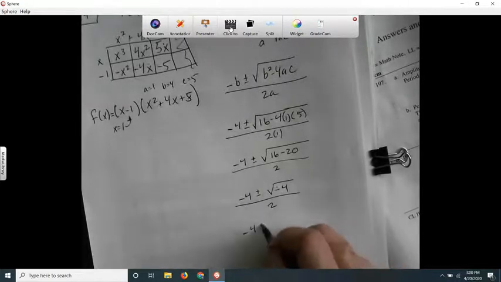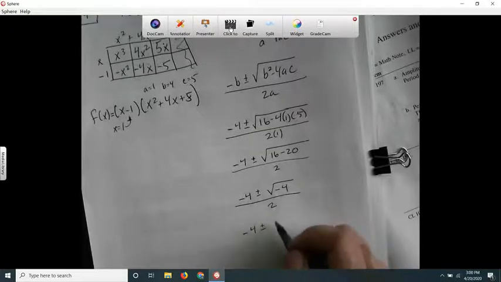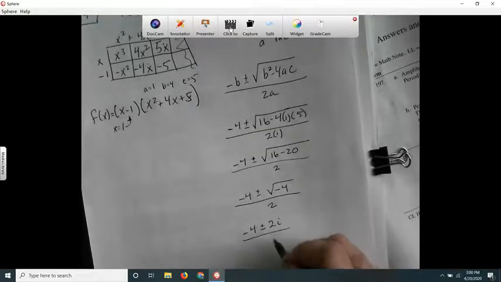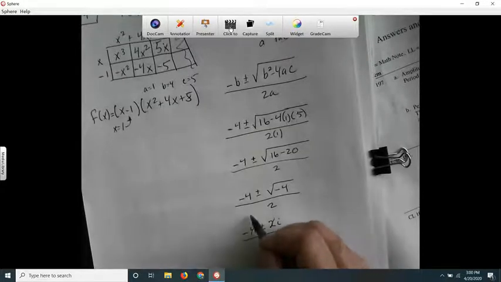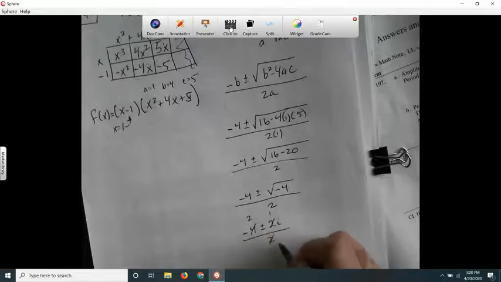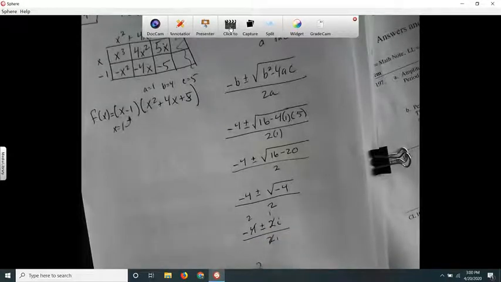So this will be plus or minus, the square root of 4 is 2, and the square root of negative 1 is i. And then I can cancel 2's. So it'll be negative 2 plus or minus i.